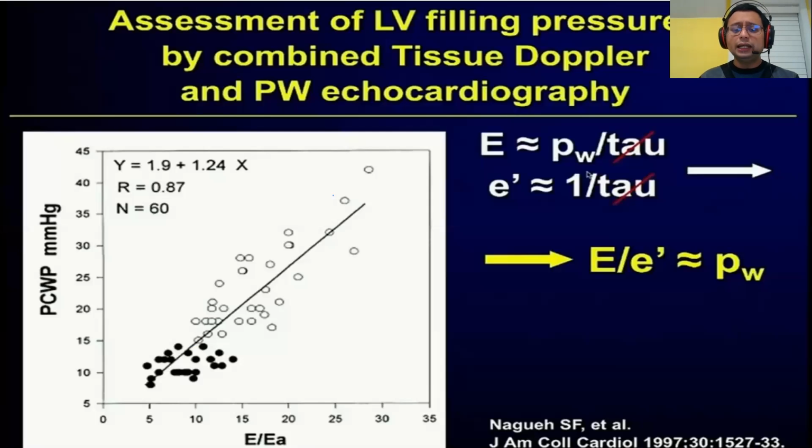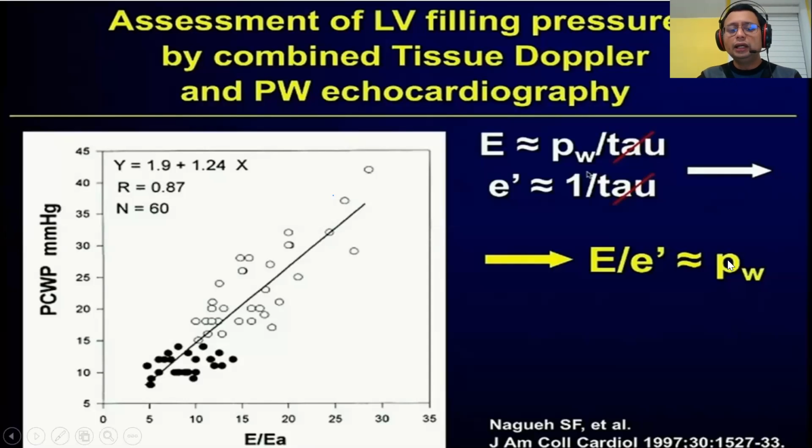So what happened is that Sherif Nagueh published this paper in 1997 in JACC. He showed that the filling of the left ventricle, the E over A, is proportionate to the filling pressure over tau, and E prime is inversely proportionate to tau.